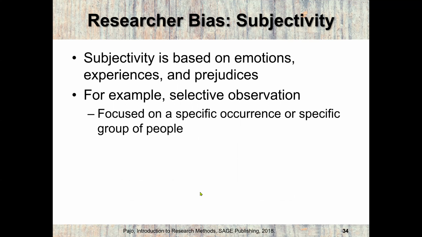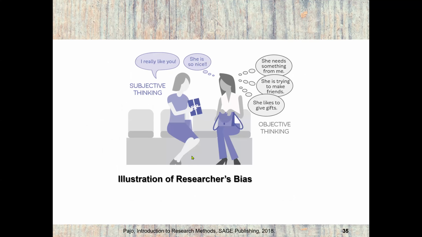So again, subjective can be based on emotions or experience of the participants or prejudices. So for example, we have a selective observation, which will focus on a specific occurrence or specific group of observation.